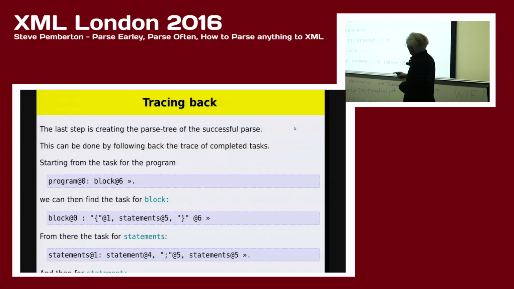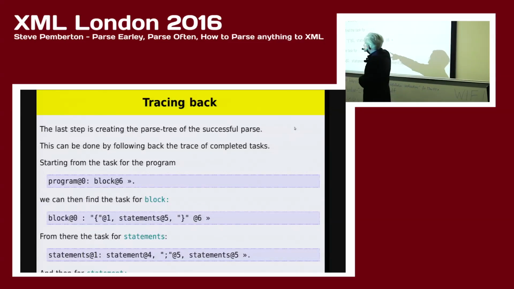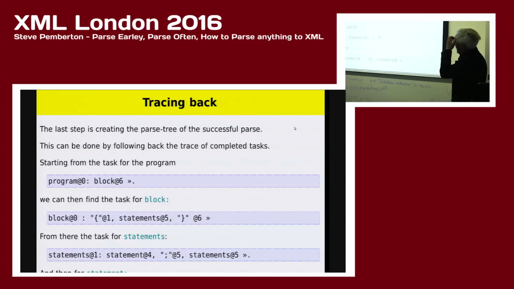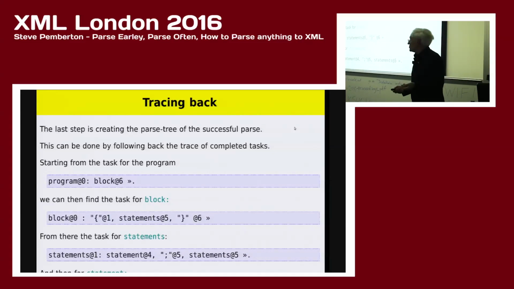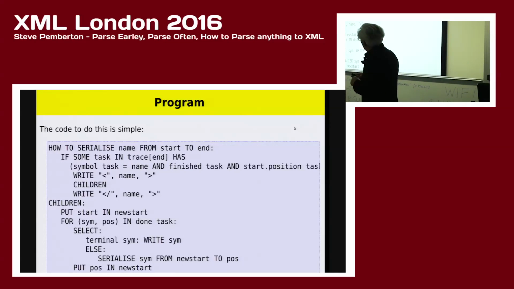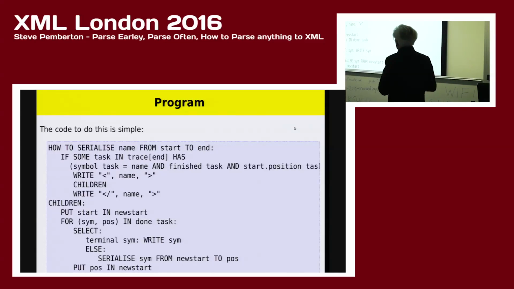We just look for the completed task for program. We see that that's completed with block, so we can find the block. That has got statements and so on. We just trace down the completed tasks and we can construct the parse tree out of that. I'm not going to go through this. I do explain this in detail in the paper, and you can read it if you're interested.